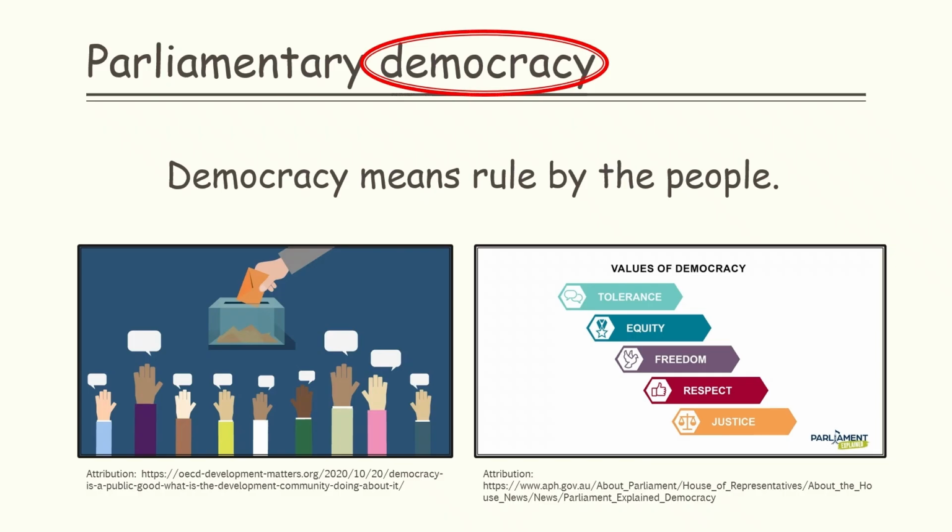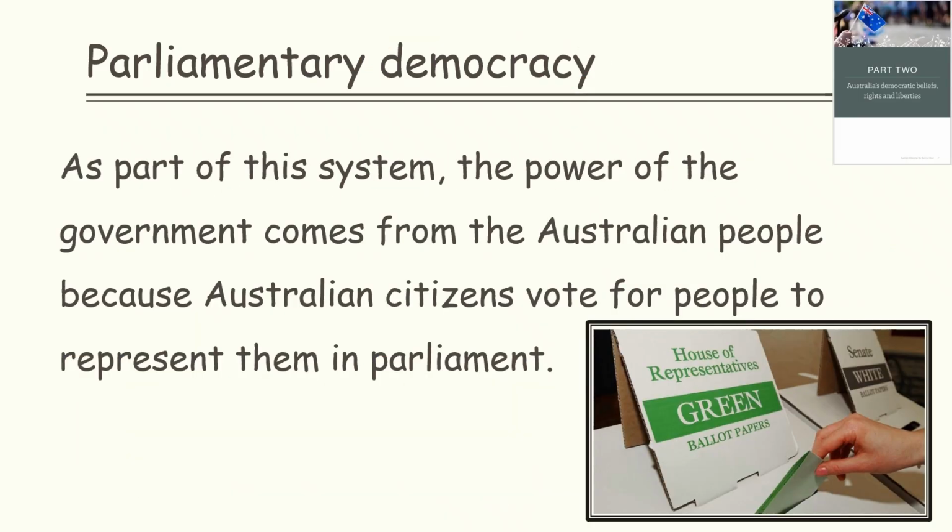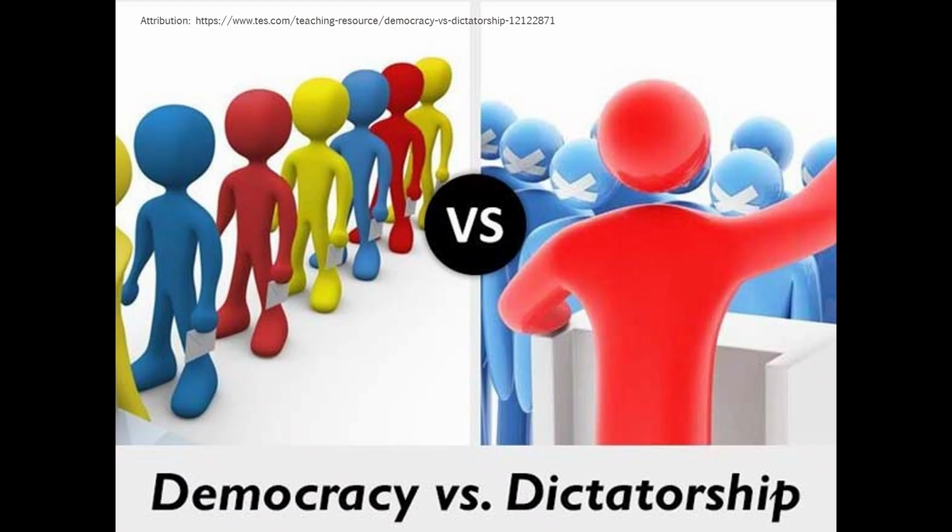Democracy means rule by the people. As part of this system, the power of the government comes from the Australian people because Australian citizens vote for people to represent them in Parliament. Democracy is the opposite of a dictatorship.